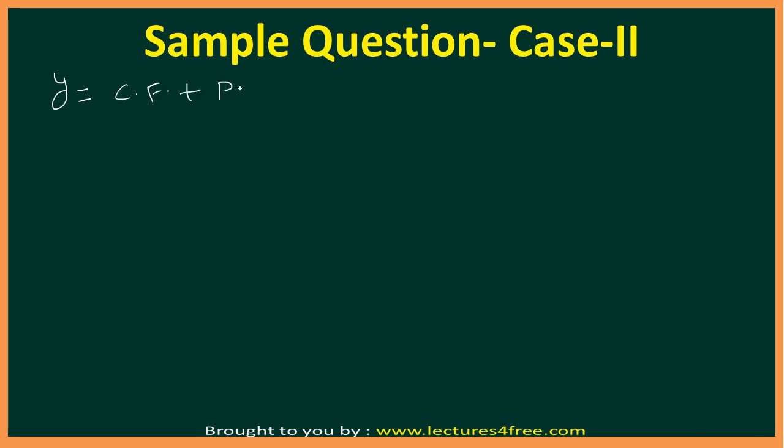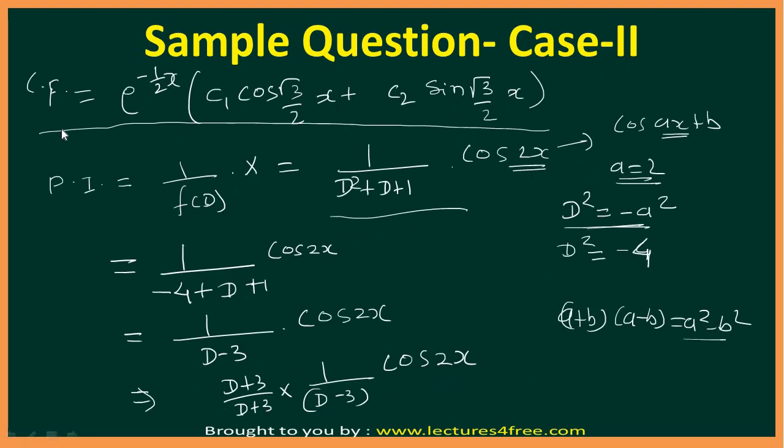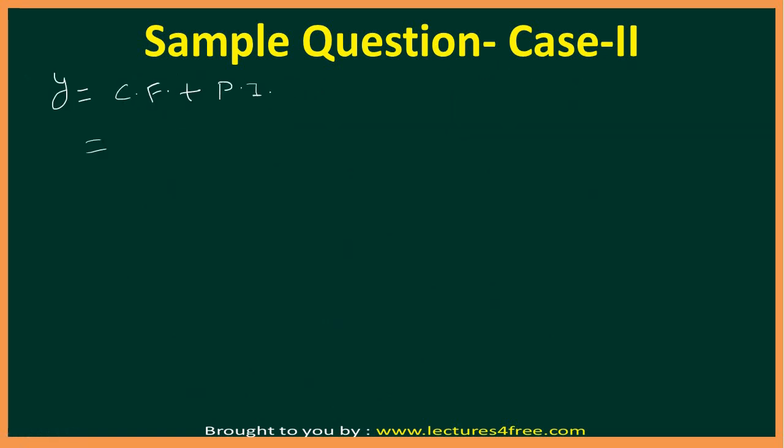This is your complementary function: e to the power minus x by 2 times c1 cos root 3 by 2 x plus c2 sin root 3 by 2 x.